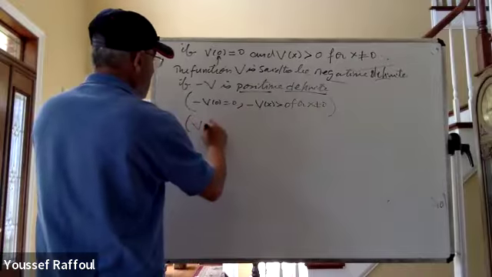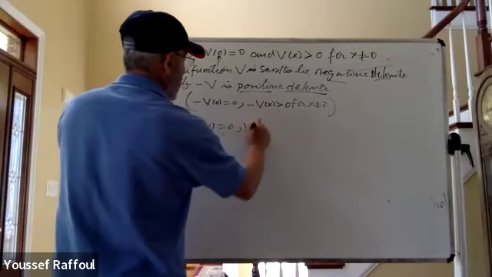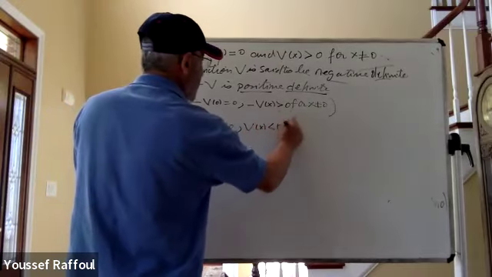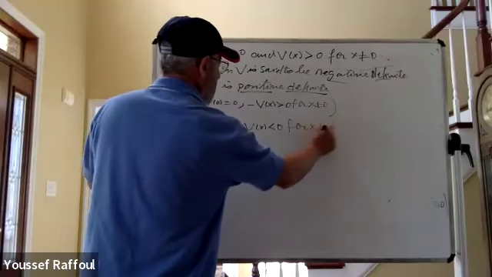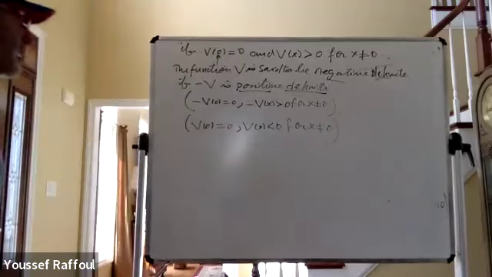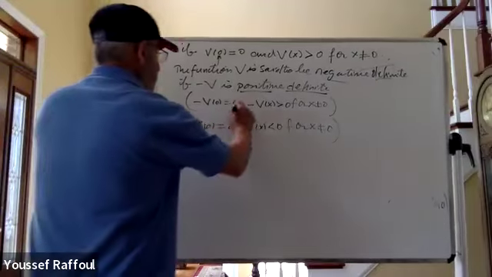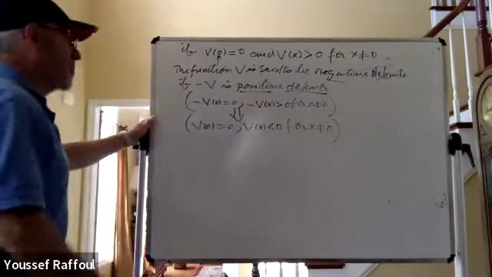That means V(0) equals 0 and V(x) is less than 0 for x different from 0. You see what I mean? This is the implication of it.